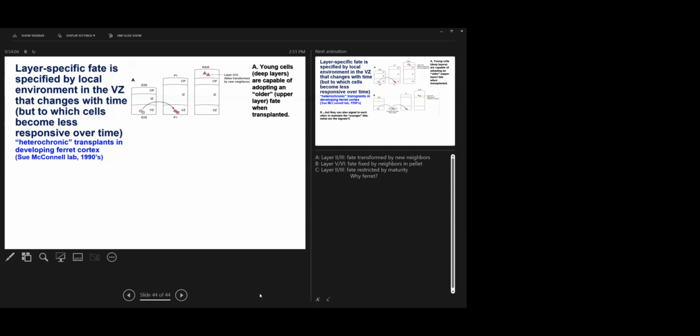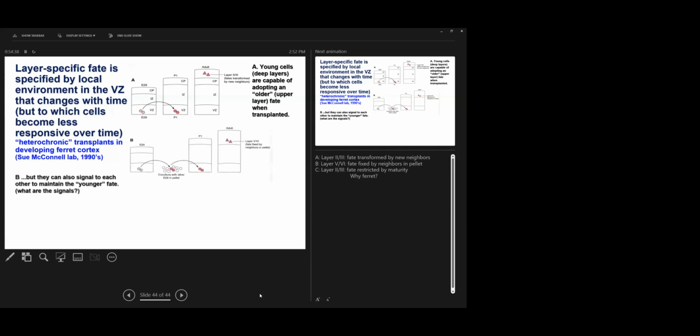You can see that the younger cells, transplanted from an earlier embryonic stage, are becoming older cells, because some kind of signal is secreted from the P1 stage that transforms the cells transplanted from E29 to P1. Something secreted from the ventricular zone is inducing those younger cells to become older cell fate. That means it depends on the local environment. Okay, neurogenesis also depends on the local environment.